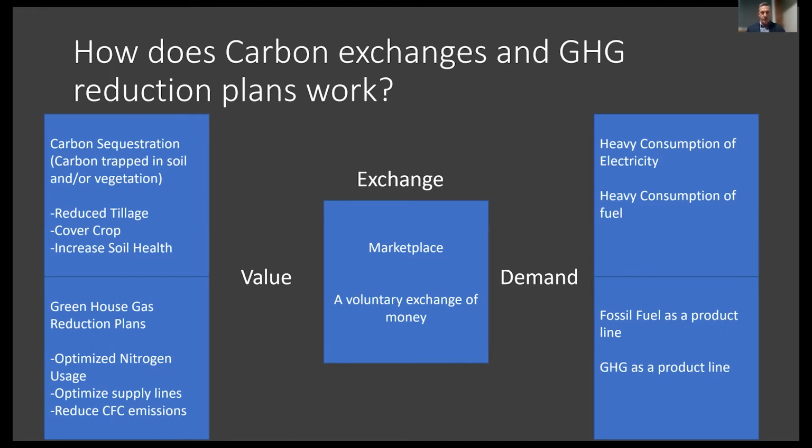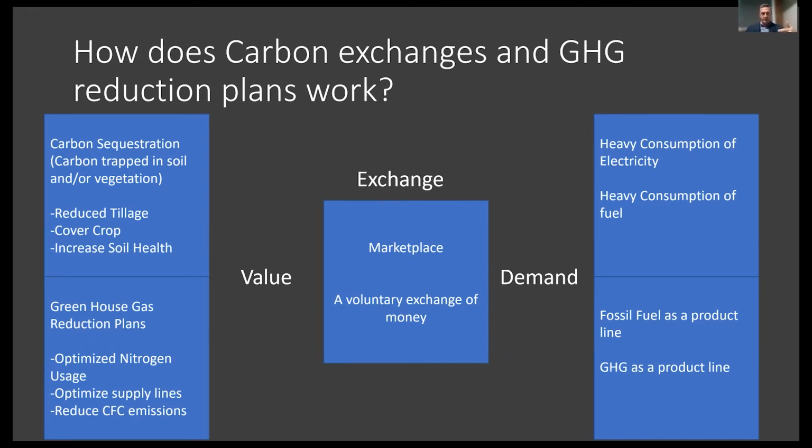So efforts to optimize your nitrogen or synthetic fertilizer use has a 300 times more positive impact than any amount of storing of carbon in soil. So both are important. That gives you an example of the scale. And then think also, again, optimizing supply lines or reducing CFC emissions, right? Those are all increased value.